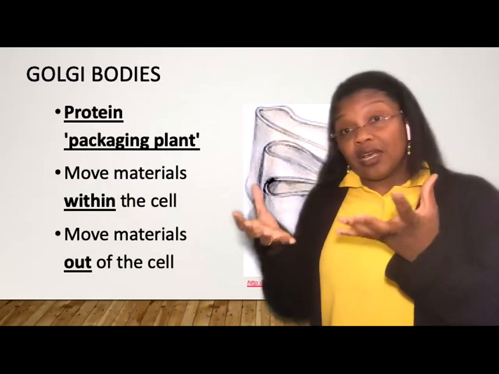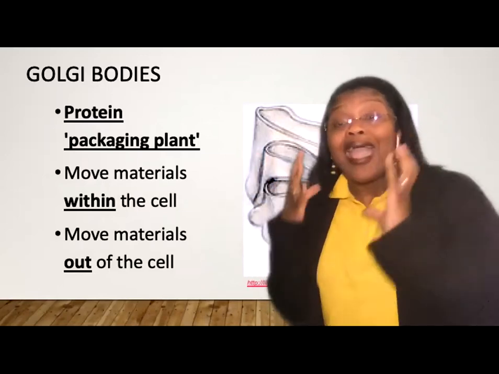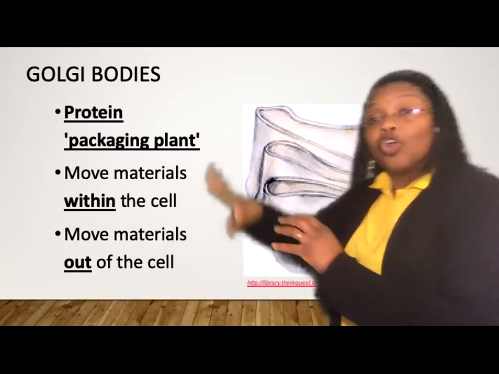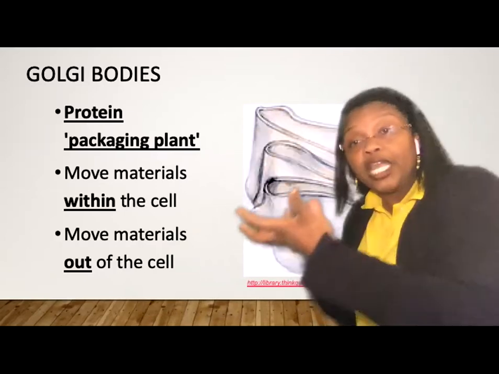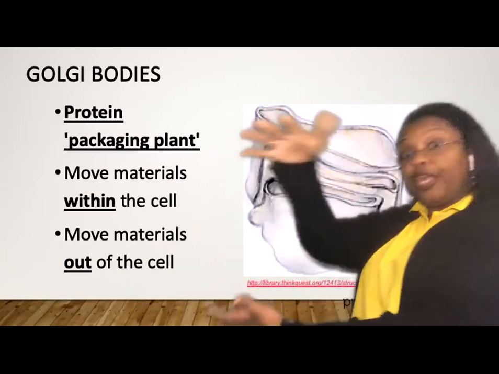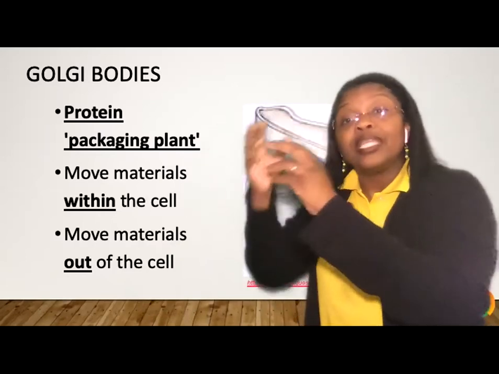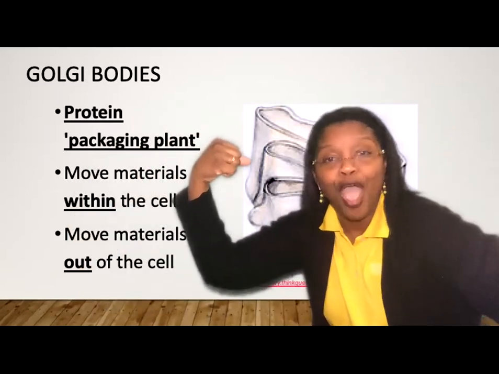Once the molecule of testosterone is created, I have to get it outside of the cell into the bloodstream. So Golgi is going to repackage it, make it really pretty, do whatever little chemical thing it has to do to get it ready, and then send it out of the cell and into your bloodstream. And then you become a man.